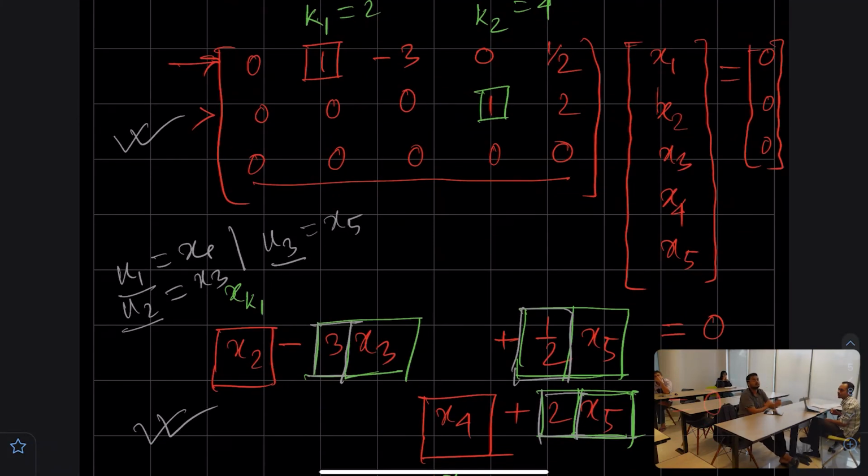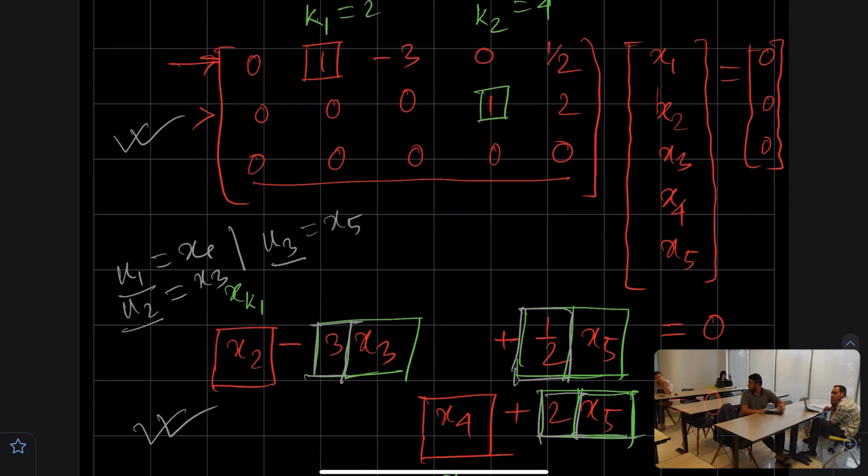If I set x1 equal to 0 and calculate the rest, no. The trivial solution is the case when all 5 variables have to be 0, and that system is trivially satisfied. Left hand side equal to 0, right hand side equal to 0, because you have chosen all the 5 variables to be identically 0. That is called the trivial solution.